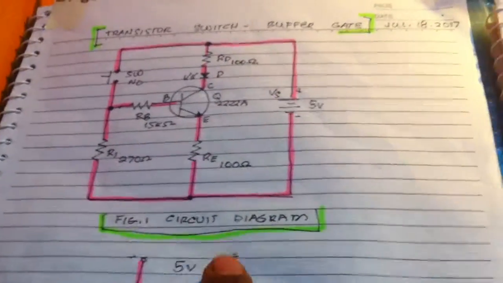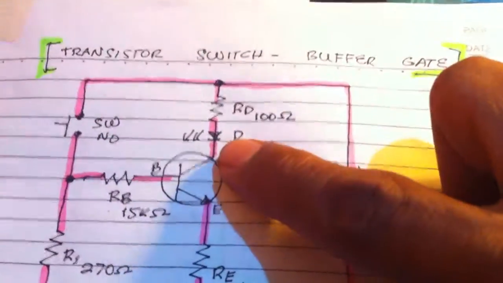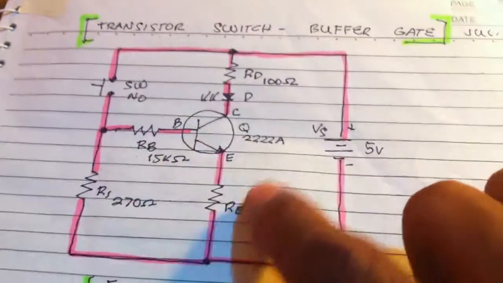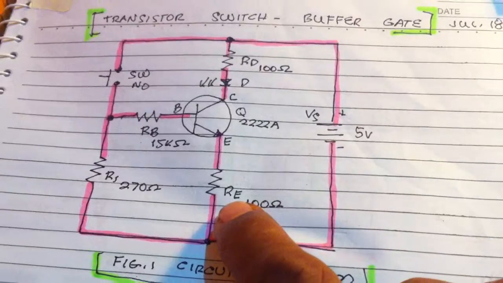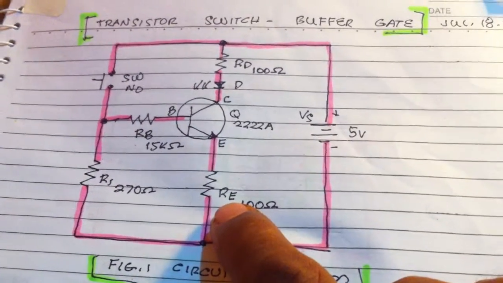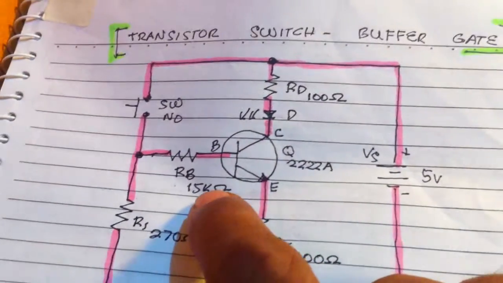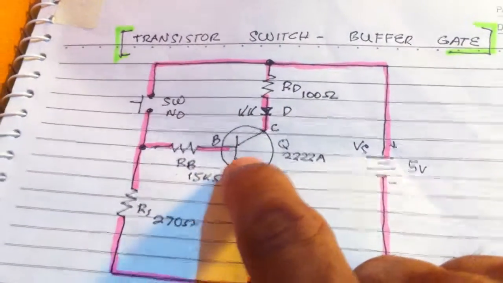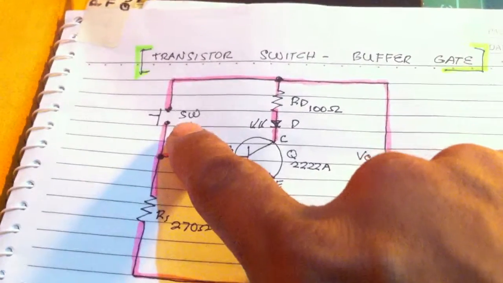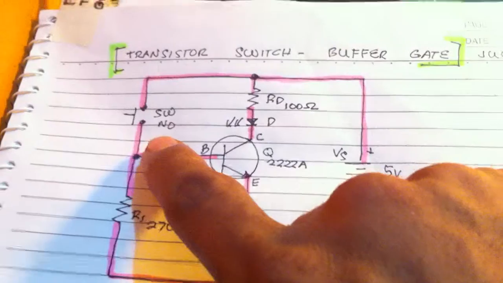We have the output, the green LED, and a resistor to protect the LED, a resistor to bias the transistor and prevent leakage current, a resistor to protect the transistor, and a resistor to pull down the push button so it does not hang.